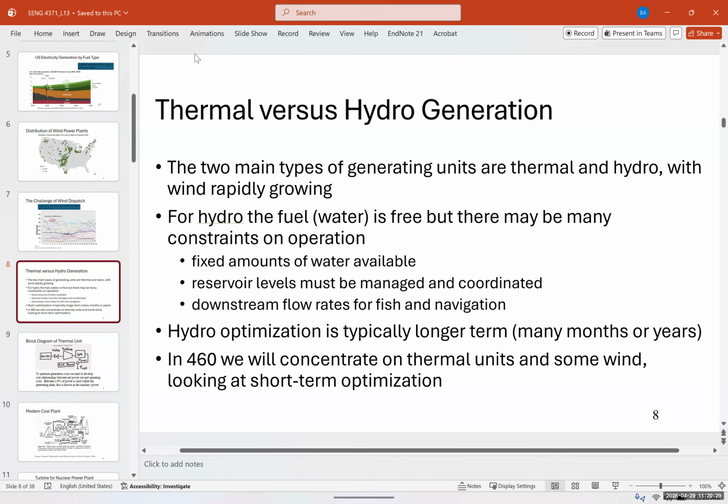But with hydro units, we have some limitations. Hydro units use falling water to drive turbines, but again, we have limitations. You don't have an infinite number of rivers. We have a limited amount, and we have already dammed all of them.